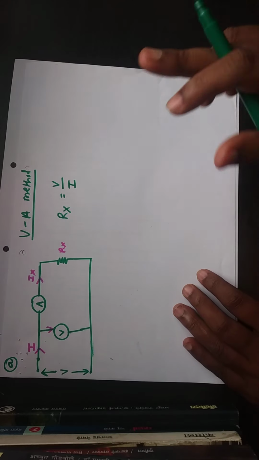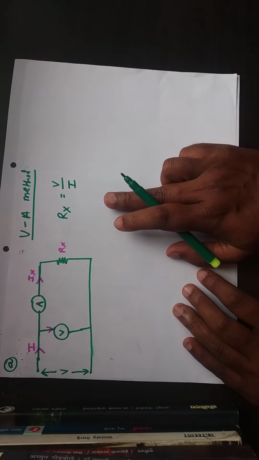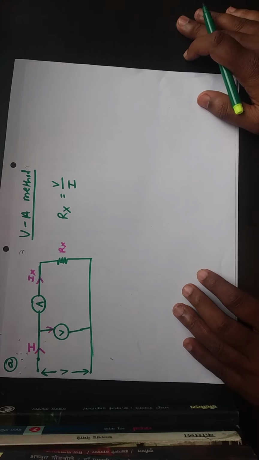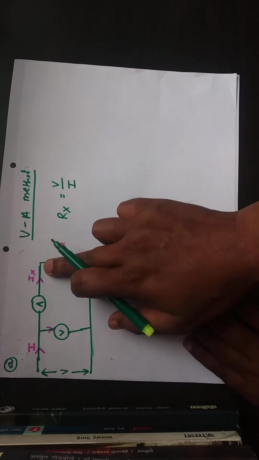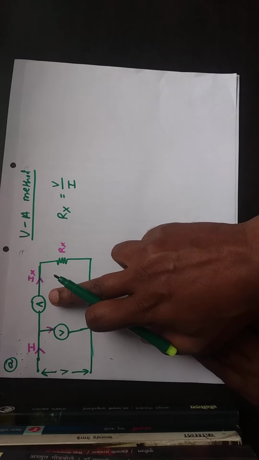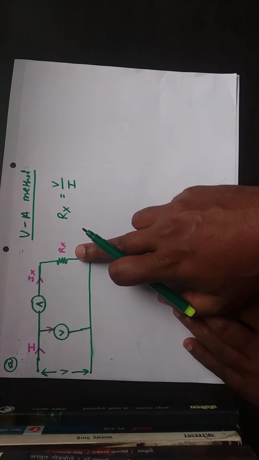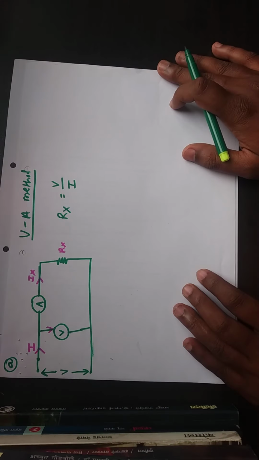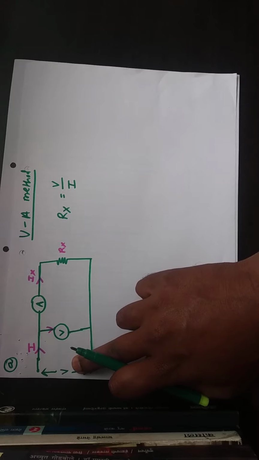There are two types of circuit arrangement for the measurement of unknown medium resistance. This is the first one; the second we will discuss shortly. You can see the simple circuit which consists of a voltmeter, an ammeter and the unknown resistance Rx. Basically it is a DC method because we are applying only a constant voltage source.